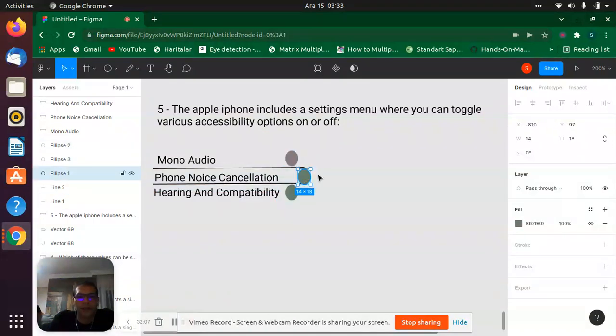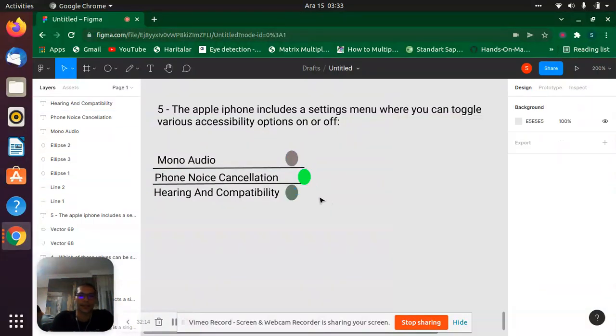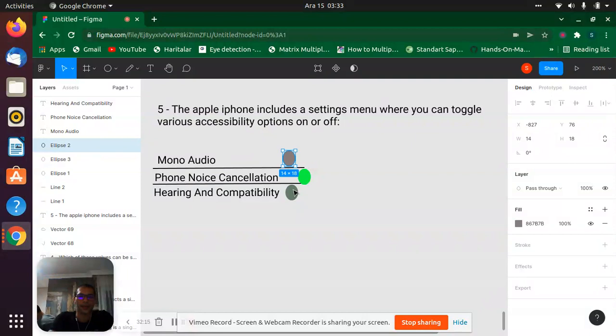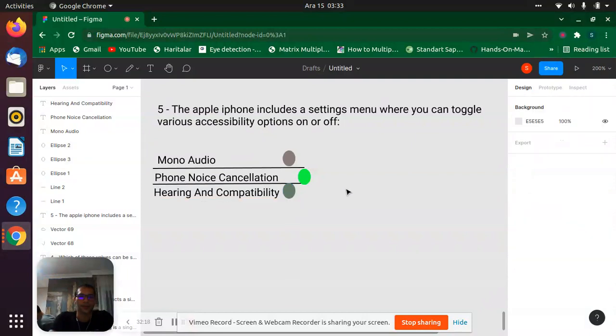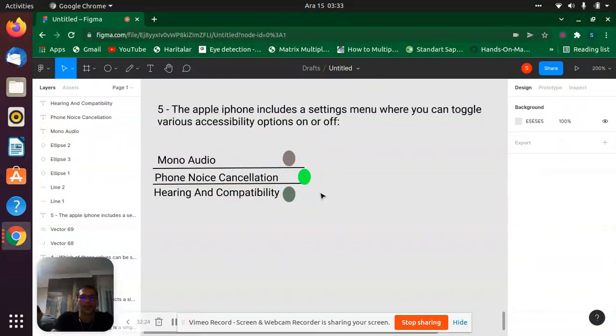It comes down, and this one will be green, so this one is open, the other ones are closed. Okay, you can think like that. It's not too good, but you can think, okay, this one is 0, this one is 0, this one is 0, only phone noise cancellation is open.